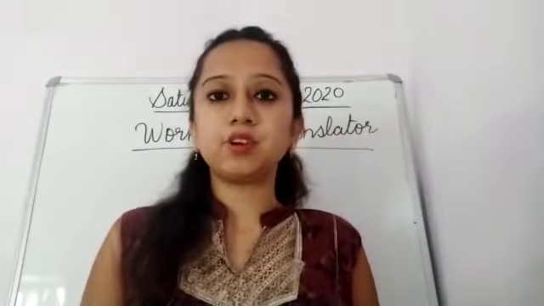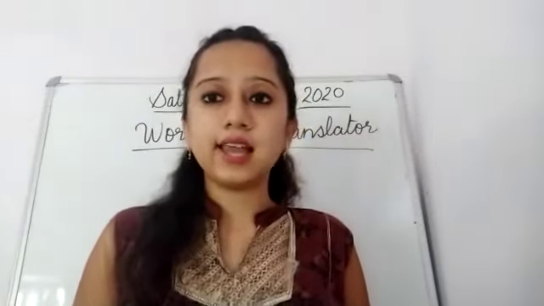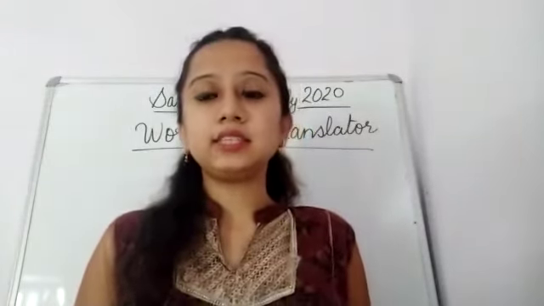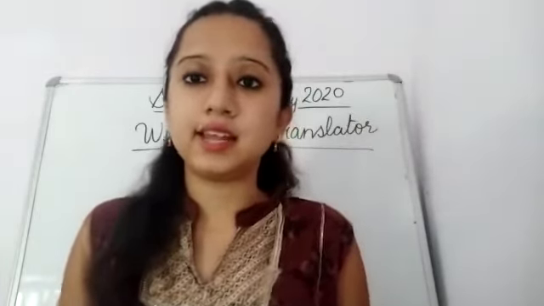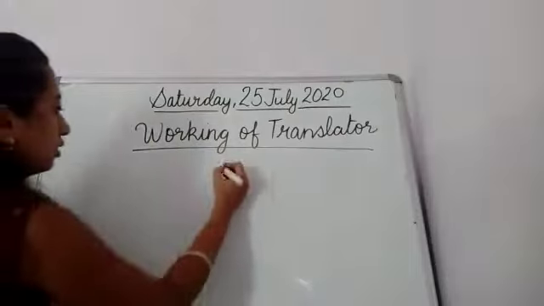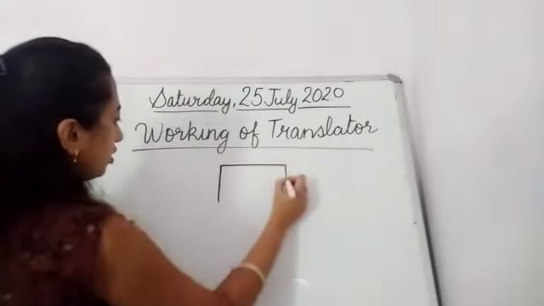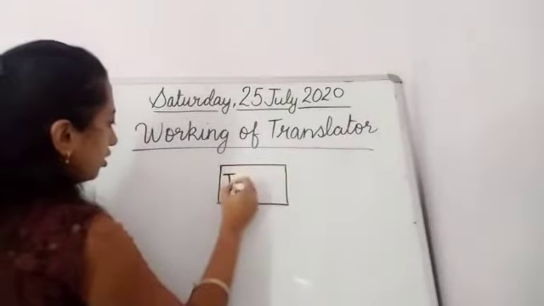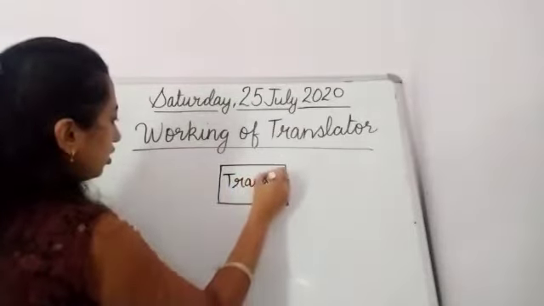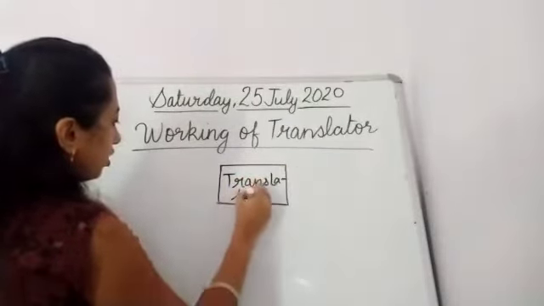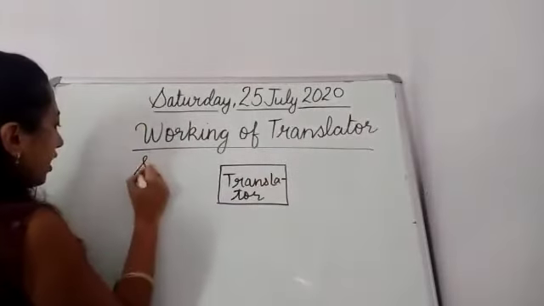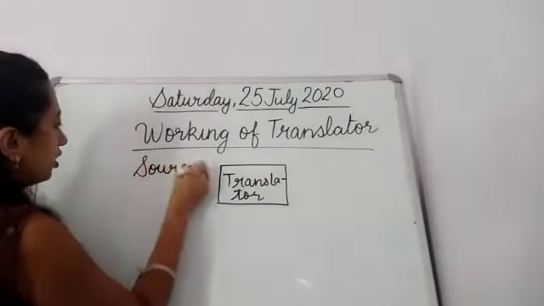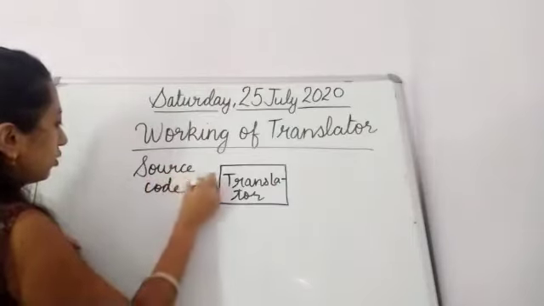Now once the program is written in the high level language, then it is converted to machine code with the help of a translator. Suppose this is your translator and this is your source code.